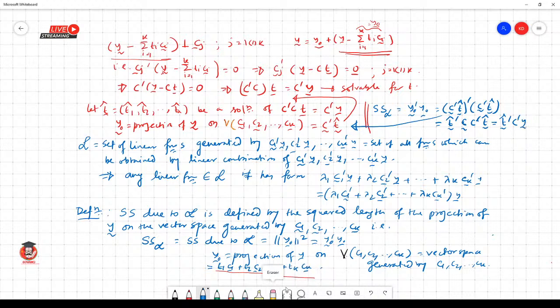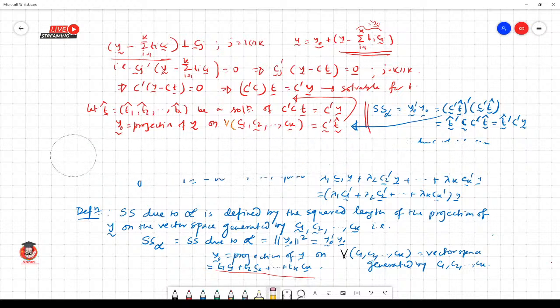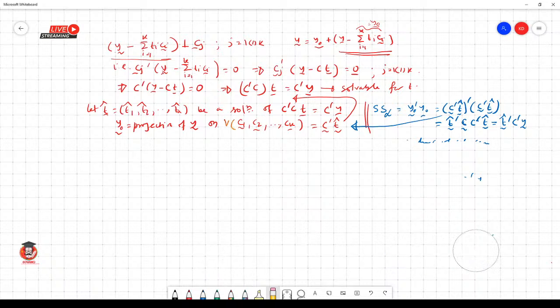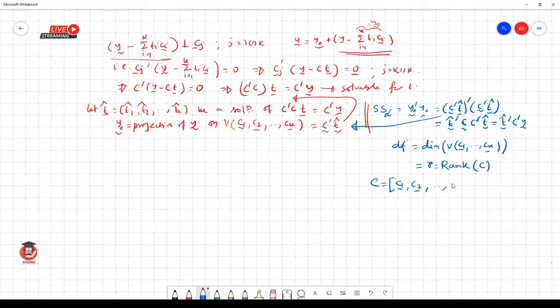And the degrees of freedom is equal to the dimension of this V, and this is equal to R, that is the rank of matrix C. This C matrix consists of columns C1, C2, ..., Ck.